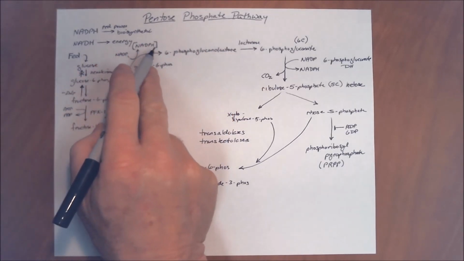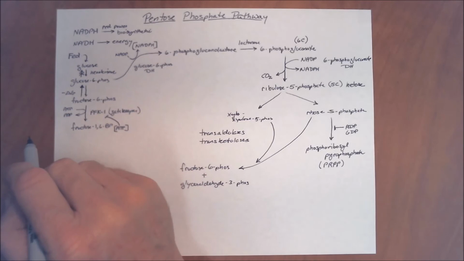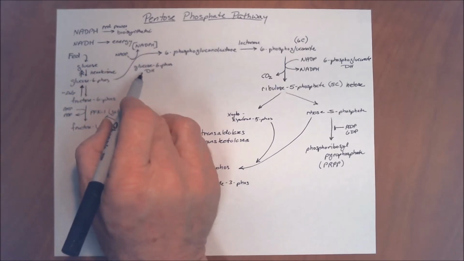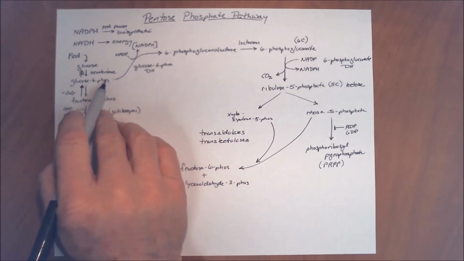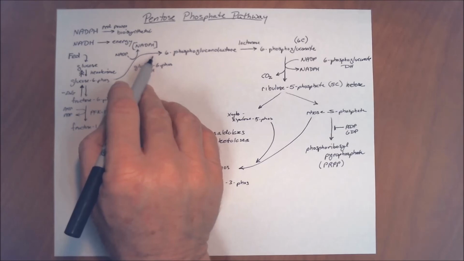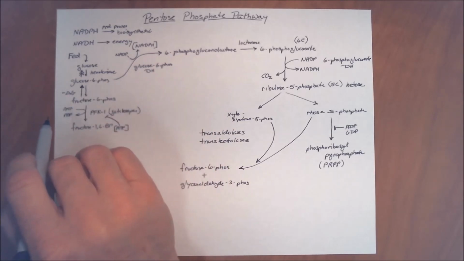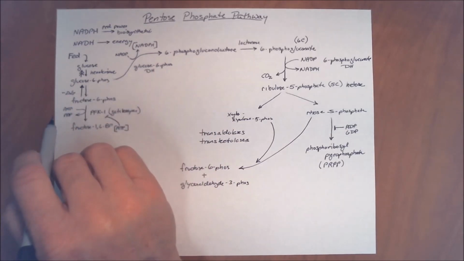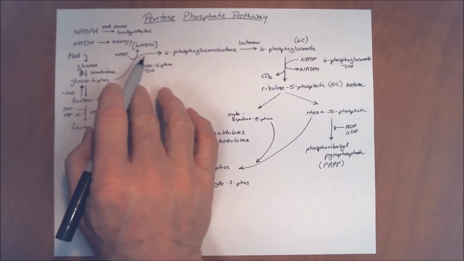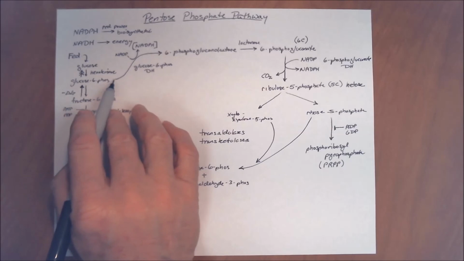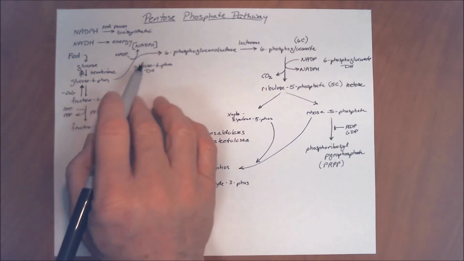So if NADPH is significantly high, we have sufficient amounts, this enzyme, the dehydrogenase, will be inhibited. In that case, the glucose 6-phosphate is not able to enter the pentose phosphate pathway. If NADPH levels go down because of biosynthetic reactions, then the glucose 6-phosphate in the fed state can enter the pathway to generate more.